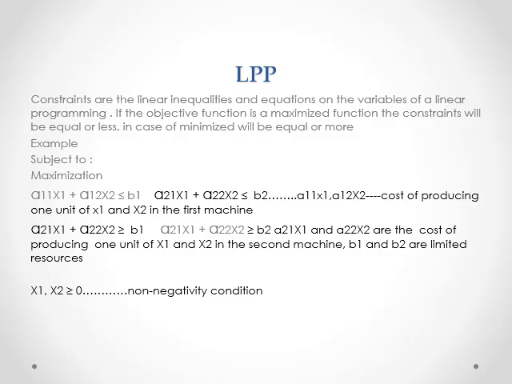Constraints are the linear inequalities or equation on the variables of a linear programming. القيود عبارة عن متباينات أقل من أو يساوي أكبر من أو يساوي and equations معادلات في نظام البرمجة الخطية.